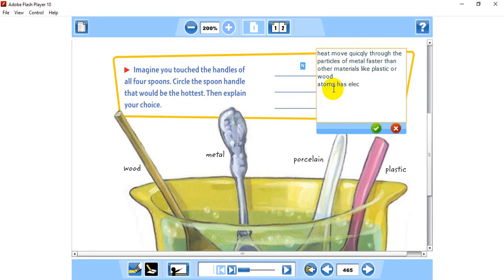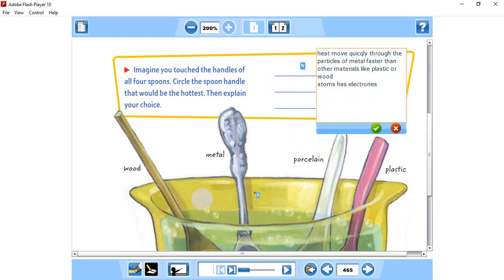Electrons, okay, guys, are what? Something inside the atoms that move freely, okay, guys, and vibrate faster and more freely than in wood and plastic and porcelain. For that reason, the particles of the metal have what exactly?